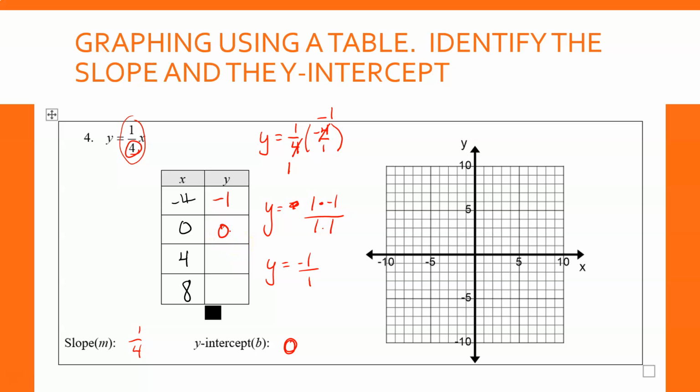So what's happening here is you're gaining 1 every time, so we can just fill in the rest of it. So now I have -4, -1. There's my origin, 0, 0, or my y-intercept, 4, 1, and 8, 2. Not a very steep slope here. Okay, that's it.